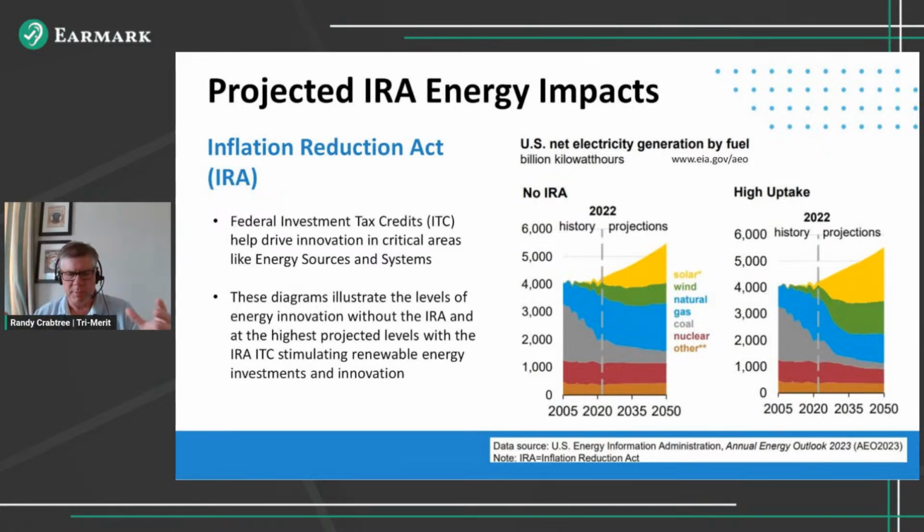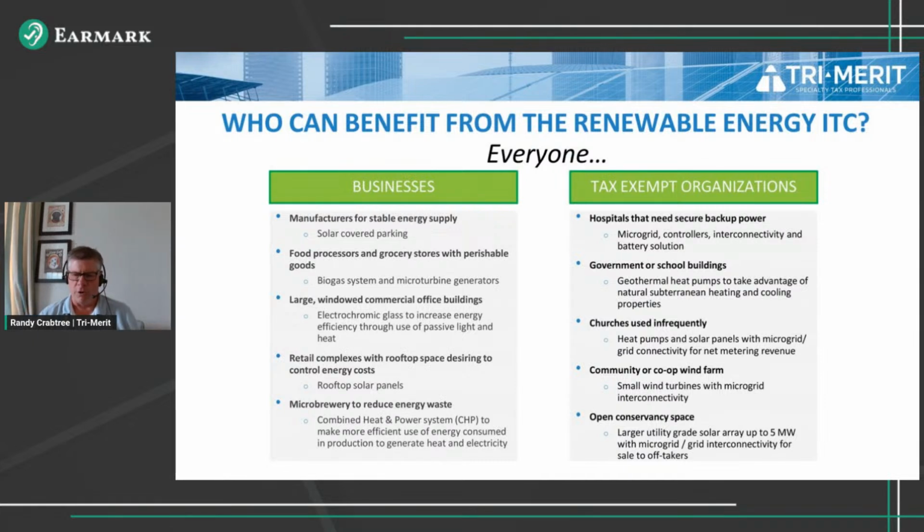So just to put it in perspective, this is not a small deal. This is a very significant credit out there. And as you'll see in a second, this is not just a credit for big business or anything like that. The entities that can qualify, and Barry's going to expand on this a lot later in the presentation, are pretty much any entity out there.